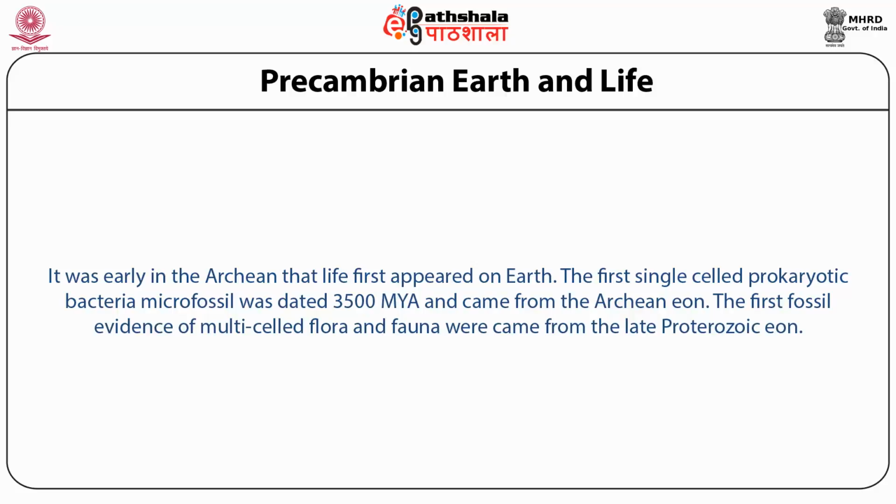The first fossil evidence of multicellular flora and fauna like algae and worms came from the late Proterozoic Eon. All known Proterozoic animals were soft-bodied, but there were some indications that the earliest stage in the origin of skeleton was underway.